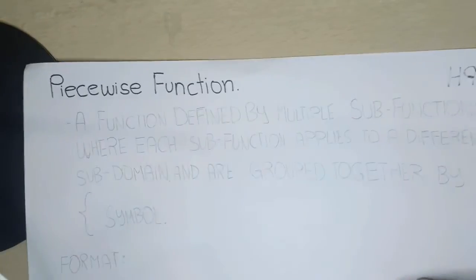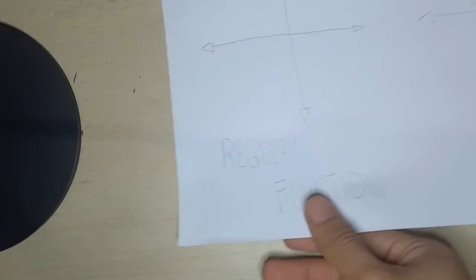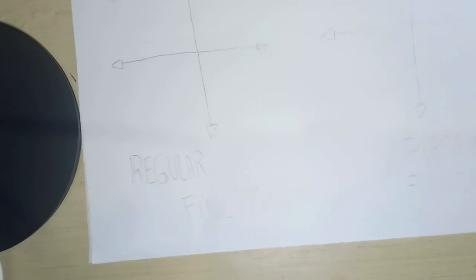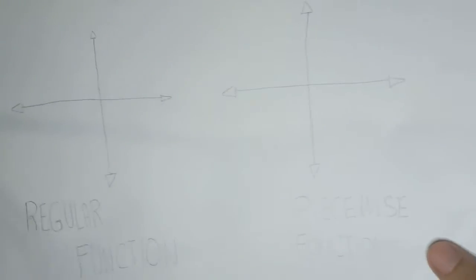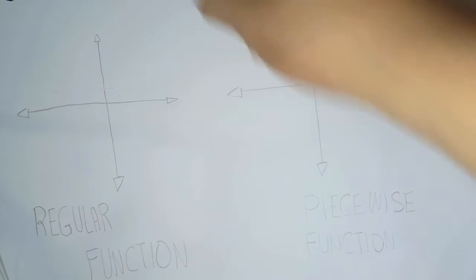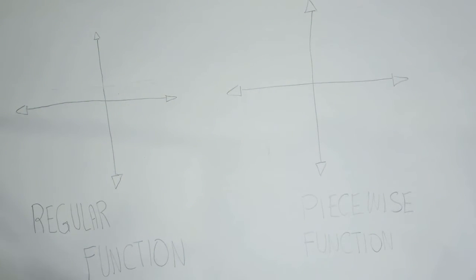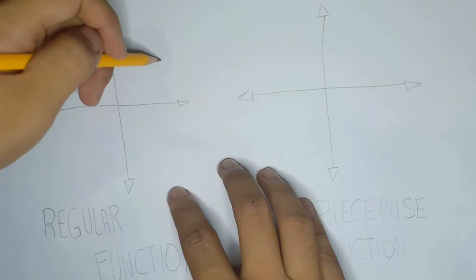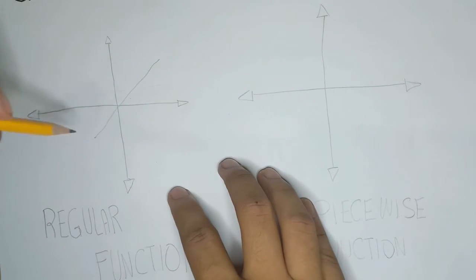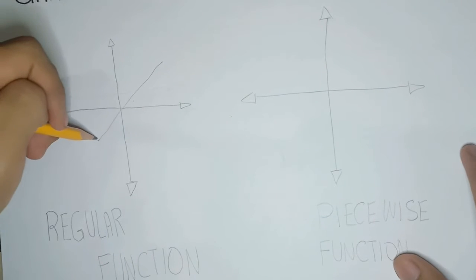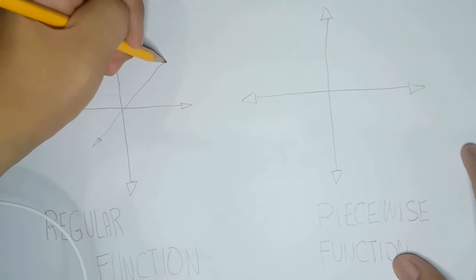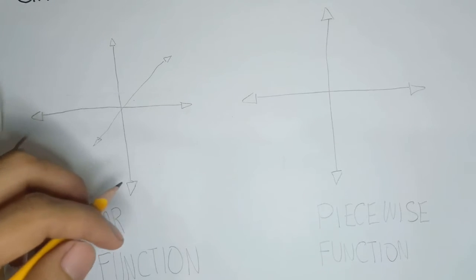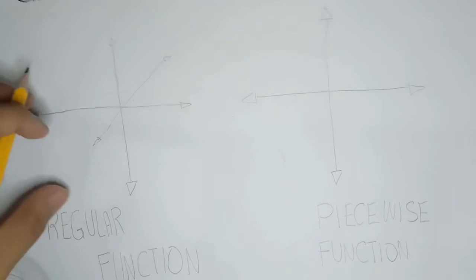So I'll show you a graph of the difference between a regular function and a piecewise function. So here we go. A regular function is basically anything with a straight line, because it shows you that it is only one function, a singularity in mathematics.